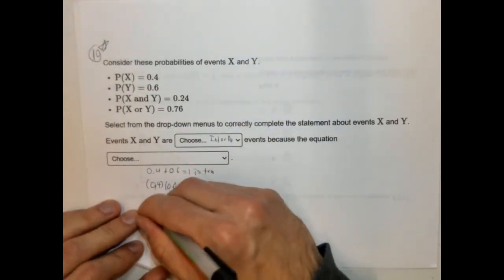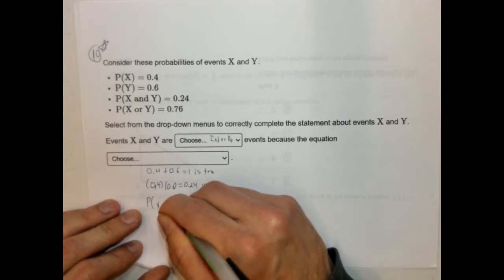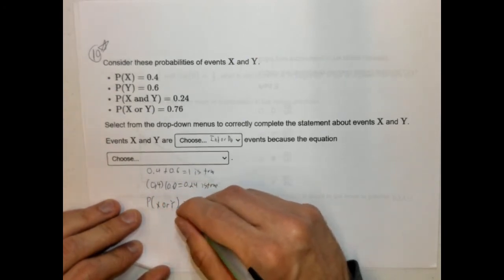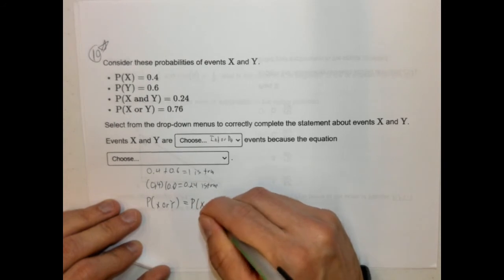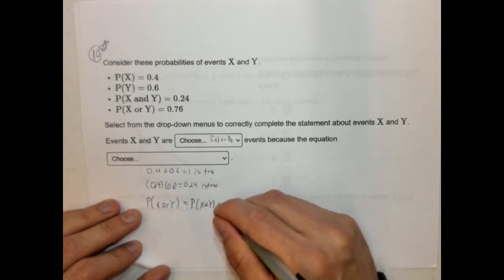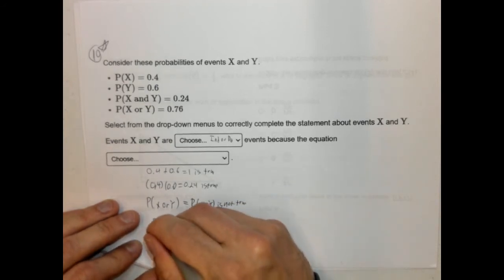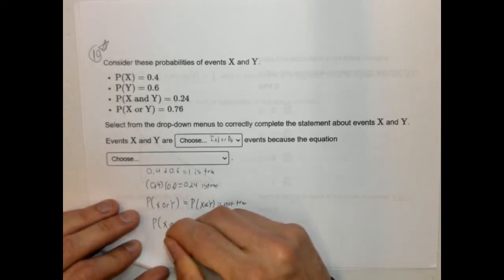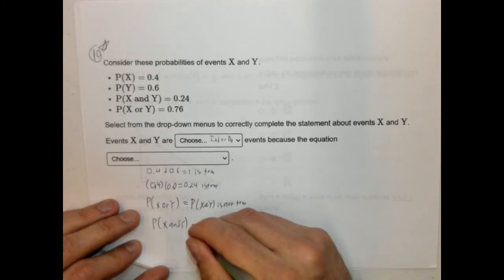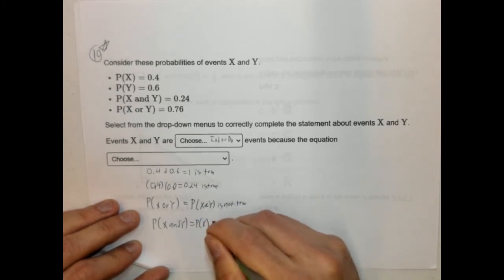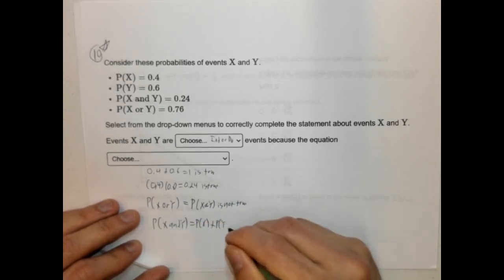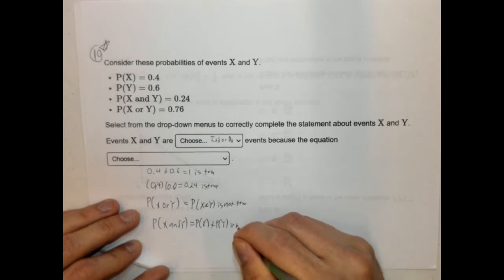The third option they give us is P of x or y equals P of x and y is not true. And then P of x and y equals P of x plus P of y is not true.